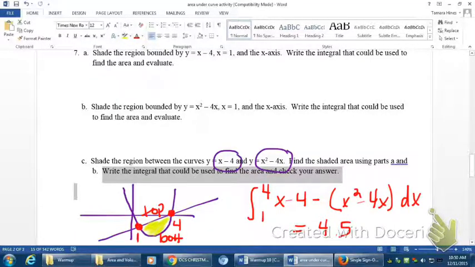It doesn't matter whether the figure you're looking at, like in 5D, is above the x-axis, or in 6C how part of it's above and part of it's below, or in 7C how all of it is below the x-axis. You still always just take the top function minus the bottom function and find the integral.